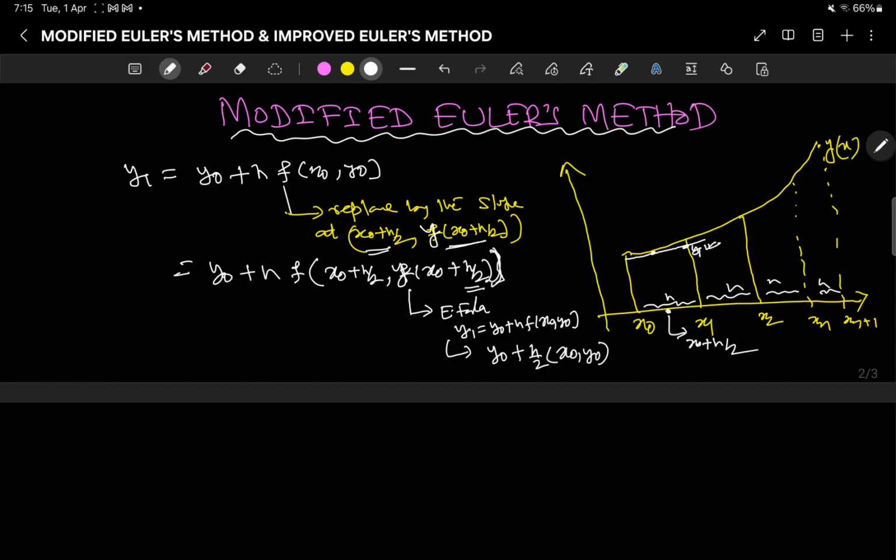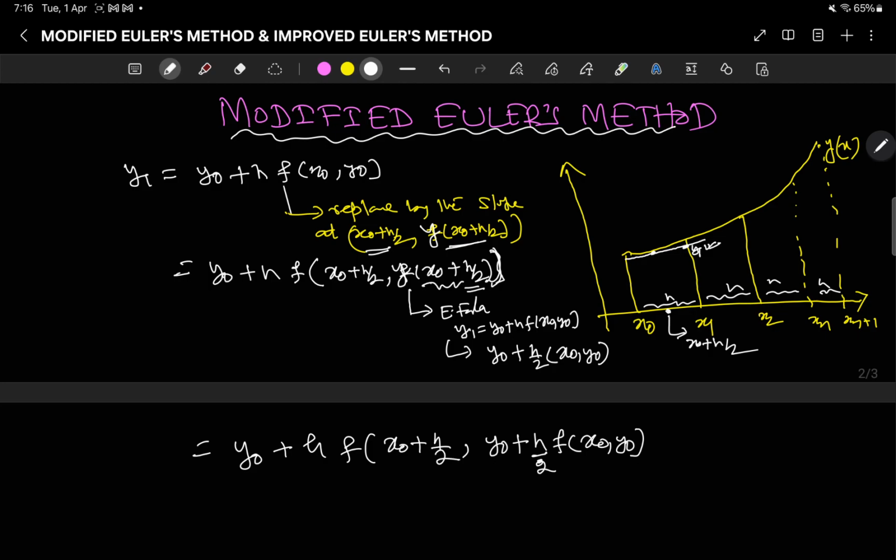So I substitute it here. So this will be y0 plus hf(x0 plus h by 2, ...). Now in view of the Euler's formula, it will be y0 plus hf(x0, y0). So this is my formula. This is h by 2.